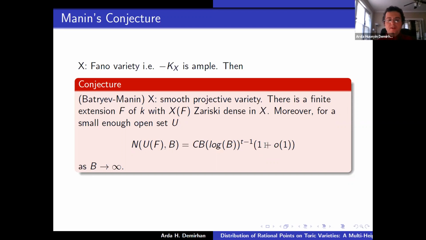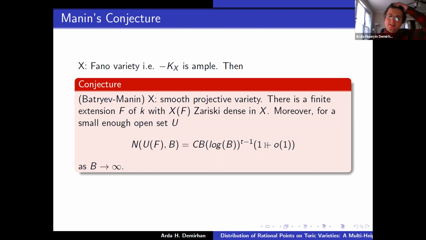we have the following formula: the number of F-rational points of U with height bounded by B is given by a constant times B times (log B) to the power t minus 1 times (1 plus o(1)), an error term. Here, t is the rank of the Picard group, and of course, we are thinking as B goes to infinity.